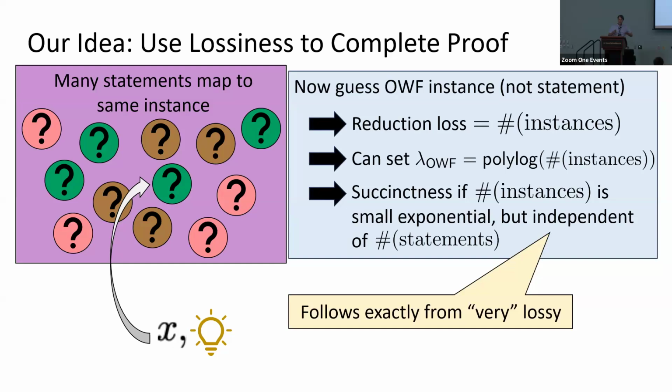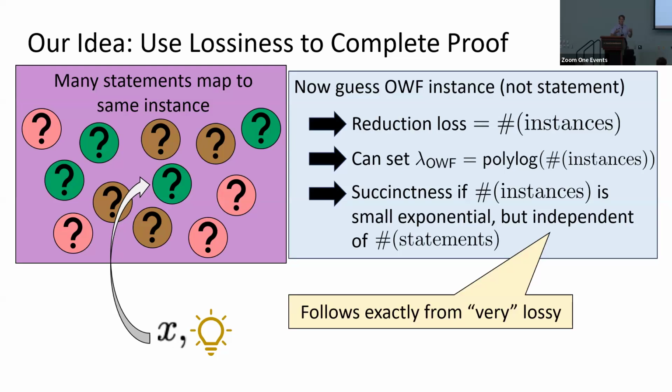And now we can actually just guess which one-way function instance the adversary is going to select. We can't guess what x the adversary is going to select because that will incur too large of a loss. But we just guess which one-way function instance the adversary selects. The loss of this is the number of instances of the one-way function, which is just the lossy range of the lossy function. This is again a fixed polynomial in the security parameter.